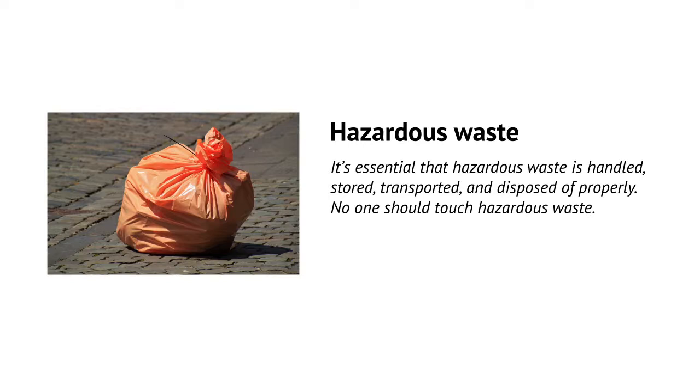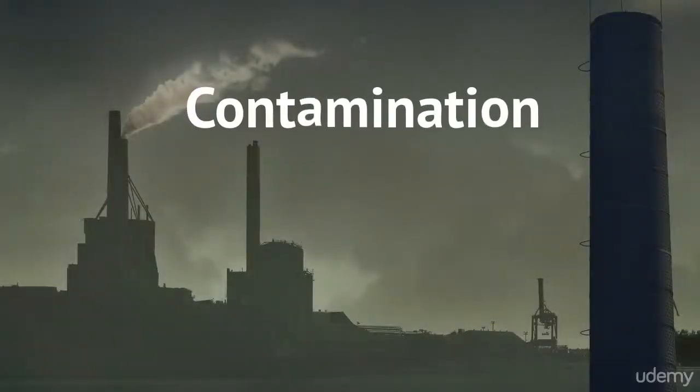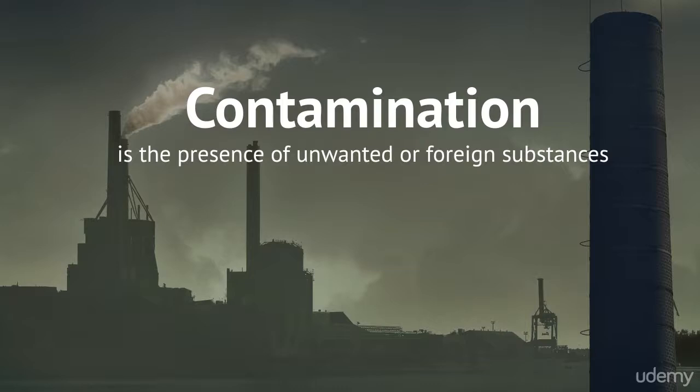No one should touch hazardous waste. Let's move on. Our next word is contamination. Many people use it as a synonym of pollution, which is not completely correct. Contamination is the presence of unwanted or foreign substances. Contamination may be natural, whilst pollution is produced by the influence or activities of people.